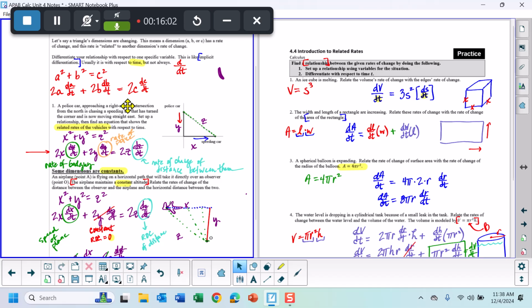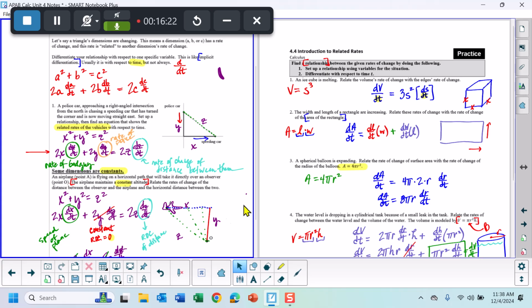So if we have a question like these police cars going at whatever rate they're going, the conversation is that if you know something is constant, you do put the 0 in.